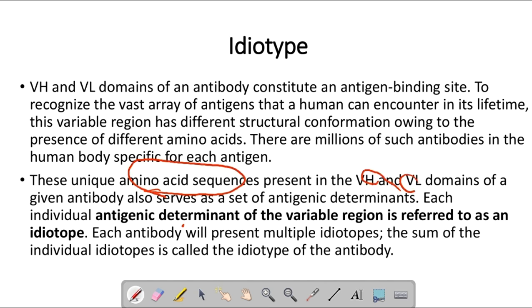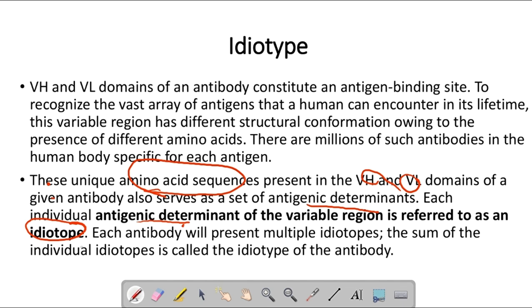There are millions of such antibodies in the human body, specific for each antigen. These unique amino acid sequences present in the VH and VL domains of a given antibody also serve as a set of antigenic determinants. Each individual antigenic determinant of the variable region is referred to as an idiotype.